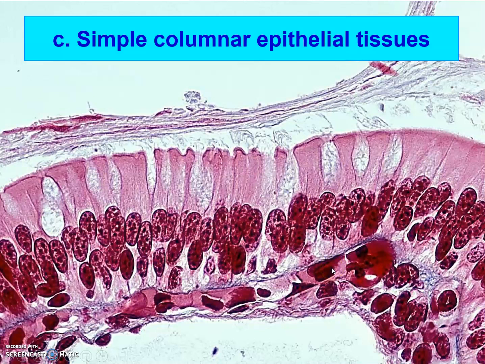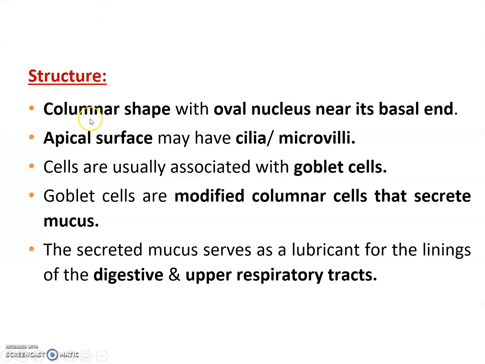Third type, simple columnar epithelial tissue. The cell is more elongated and the basement membrane is attached at the bottom. The structure is columnar shape, and the nucleus is no longer spherical but oval, near the basal end.